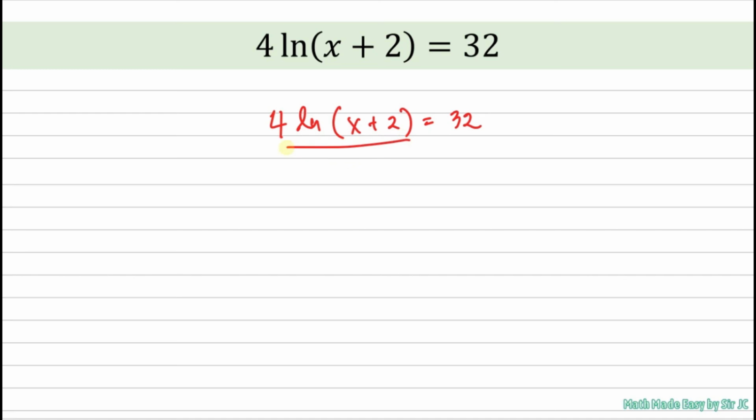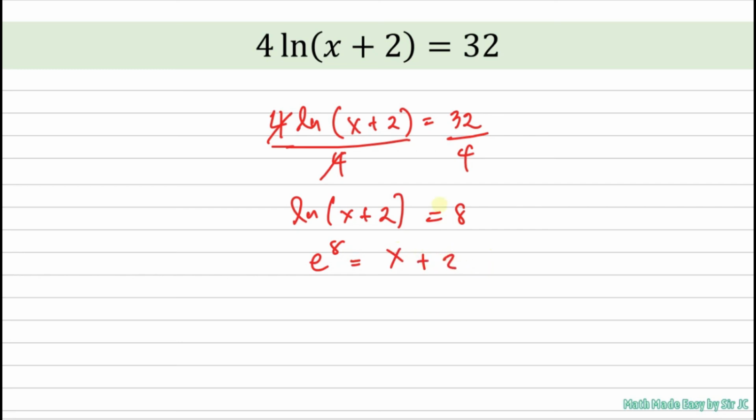We have ln of x plus 2 equals 8. Then transform to exponential. The base of this logarithm is e. So therefore we have e raised to 8 equals x plus 2.